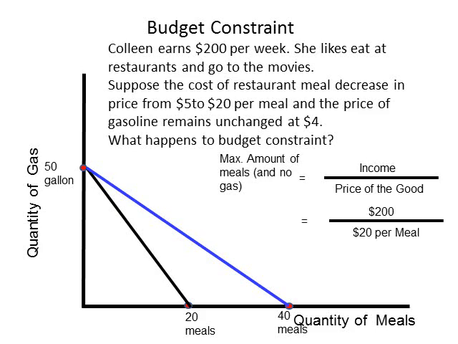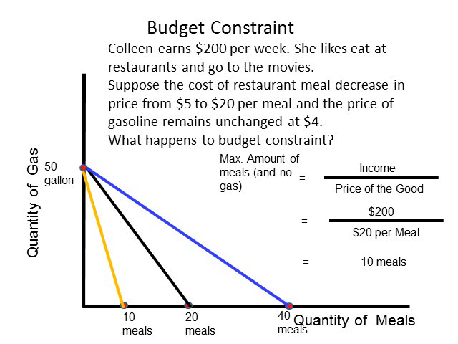The new price of the meals is $20, so we're going to substitute in $20 for the price of the meal, and $200 for our income. Dividing 200 by 20 gives us 10 meals. We're going to place a dot at the point where Colleen buys no gasoline and buys only 10 meals. And then we're going to draw a line from the 50 gallons of gas to the 10 meals.